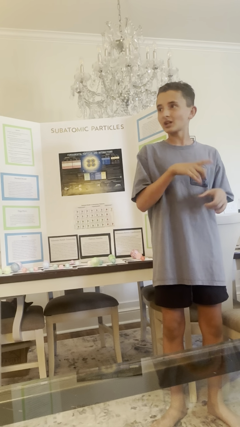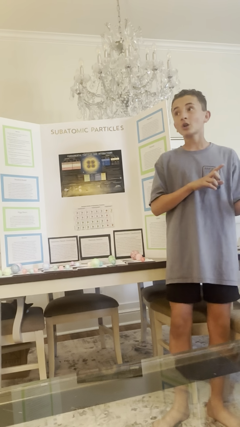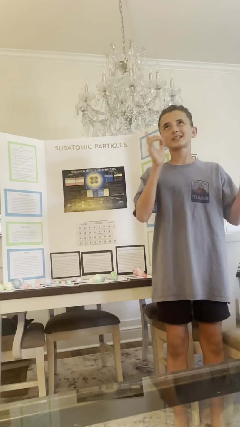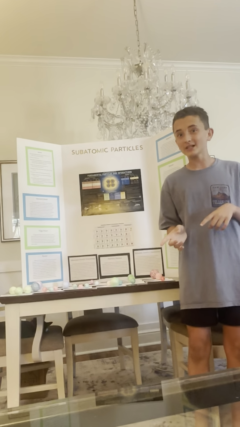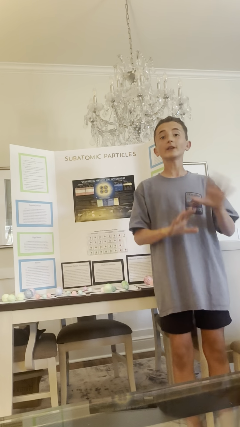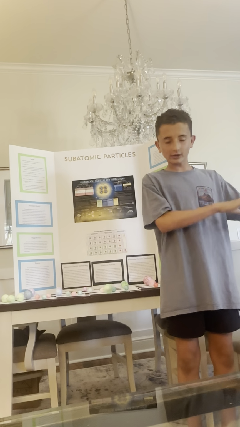And a Z boson is its own antiparticle, even though it has no charge. An antiparticle will always have the same mass and spin, but different charges than its counterpart.